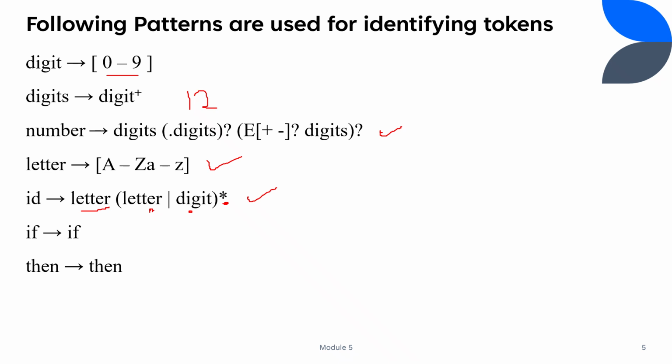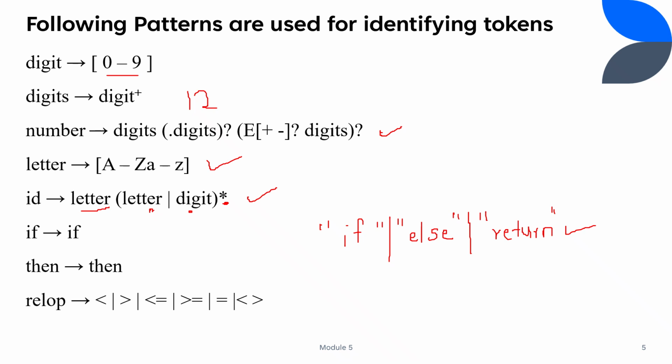So if you want to write a regular expression for keywords, it will be double quotes if, close your double quotes, or double quotes else, close your double quotes, or double quotes return, close your double quotes. So this is how you can write your regular expression for keywords.